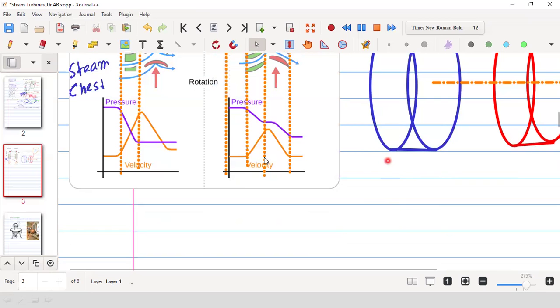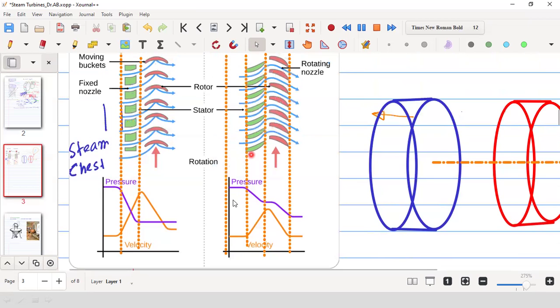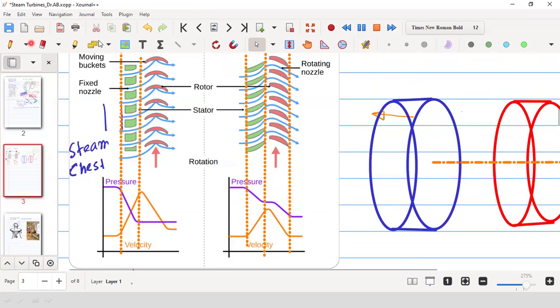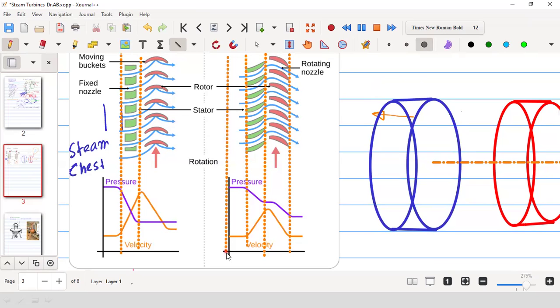Now you see that I have demarcated three different zones. One is before the nozzle, another is within the nozzle, and the third one is in the blade passage.